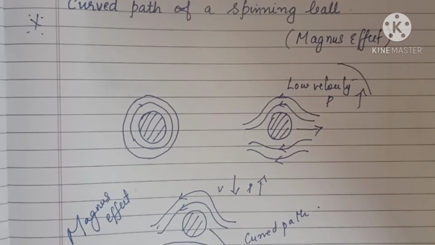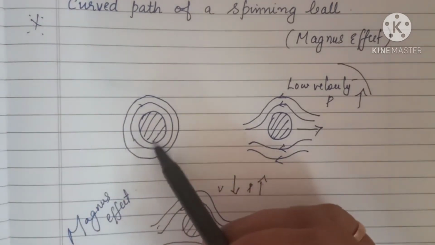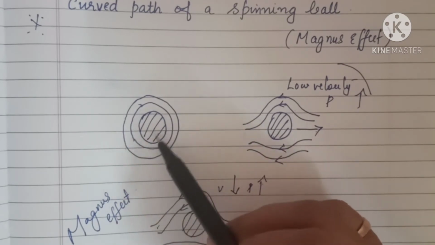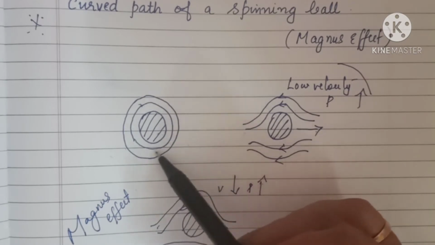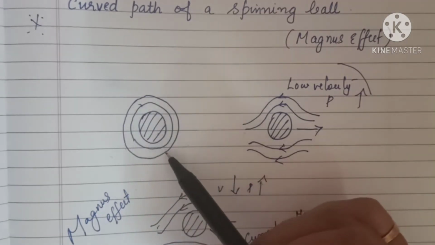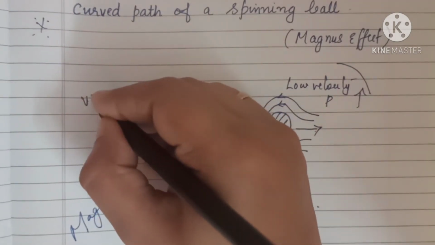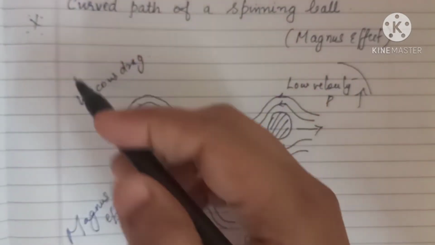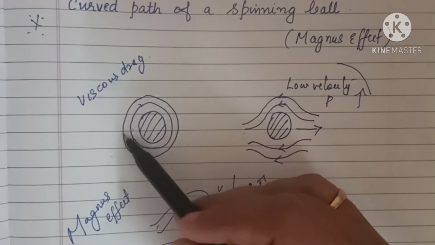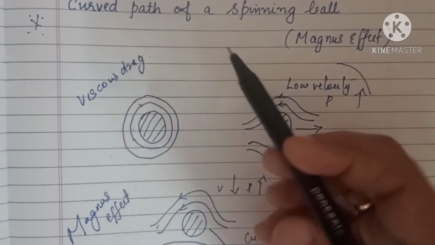Actually, what is happening here: when a ball spins about an axis perpendicular to its horizontal motion, it carries the air around it. That is because of the viscous drag that you will study later. Now, these are the streamlines around it. You know that fluid flow.